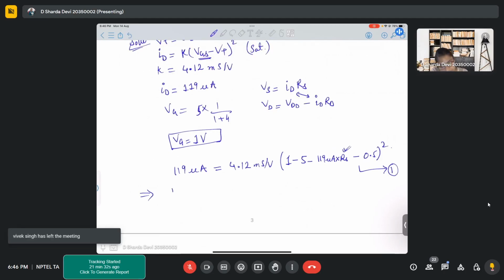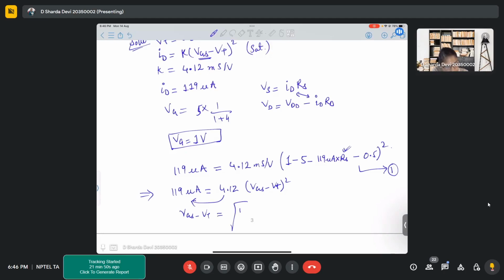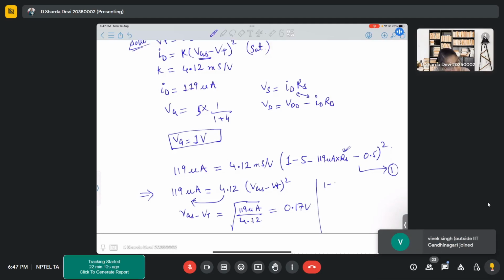Or what else can be done? 119 microamperes is 4.12 times (VGS minus VT) whole square. So we can simply solve it first, and VGS minus VT is root under 119 microamperes by 4.12, which is 0.17 volts. And from here we can find, VG, oh, this is not VD, right?